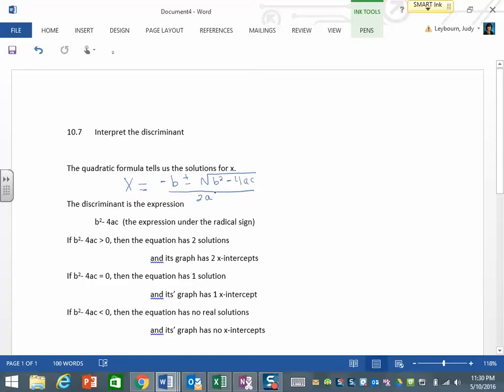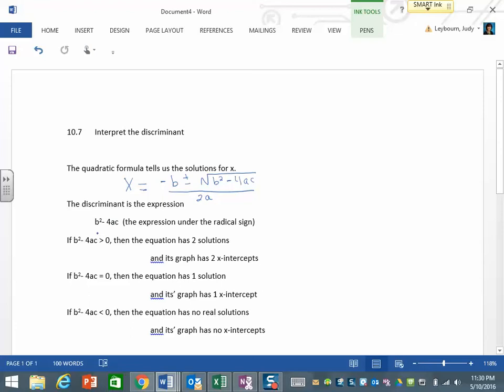Now the discriminant is the expression b squared minus 4ac. In other words, the expression under the radical sign. The discriminant does not include the radical sign, it's just the expression underneath.